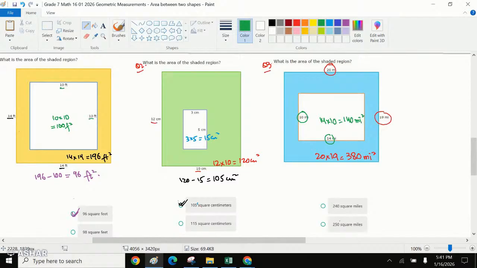If we found out both the areas, that means 380 minus 140 should be equal to 240. Agreed? So we simply click on the correct option, and the first option was the correct option.